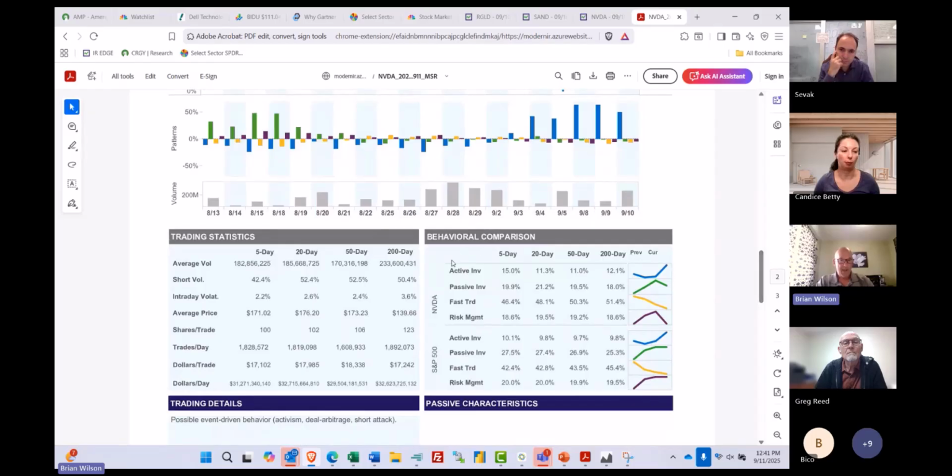Well, if we look at the four behaviors in the marketplace, you can see the norms for the four behaviors, and you can see, what have they been doing during the last month? What have they been doing the last 5 days? Well, here's where NVIDIA normally resides, between about 18 to 20% on the passive investment side. During the last month, that was up to 21%.